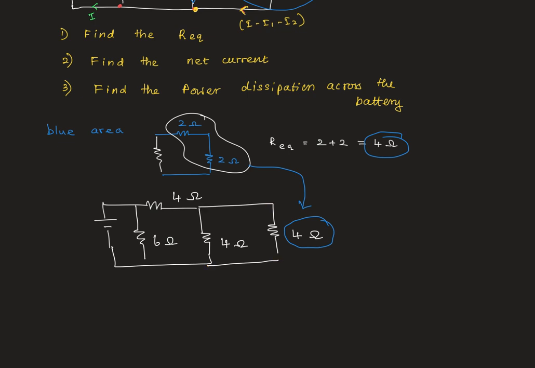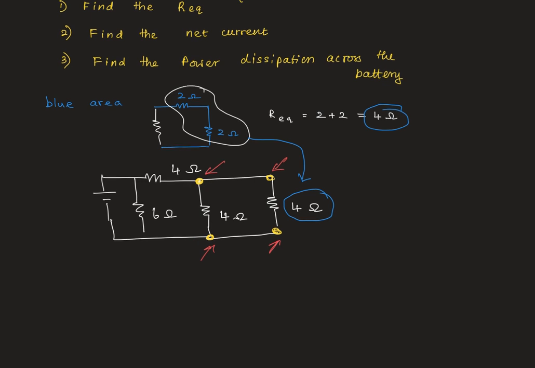You don't really have anything in between these points. I know that you can't see this point and this point, but there are no resistors, and that point and that point there are no resistors. And I said that these lines are wires, so the yellow points are basically the same, you can consider them to be the same, because we are looking at wires without any resistance.